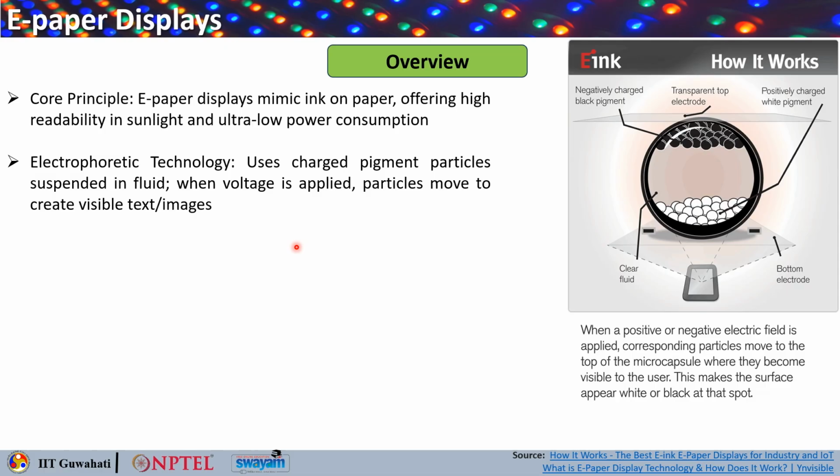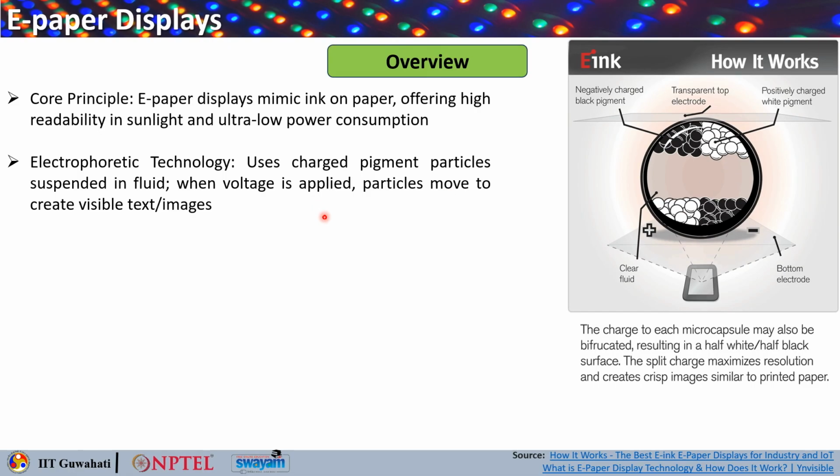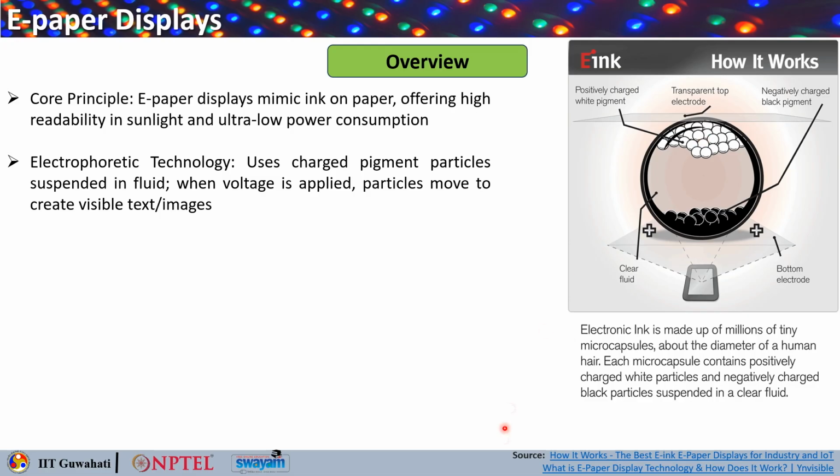So, what is the technology here? Electrophoretic technology. It basically uses charged pigment particles which are suspended in fluid, and when you apply voltage, the particles move to create visible text or images. We can actually see here how it starts.